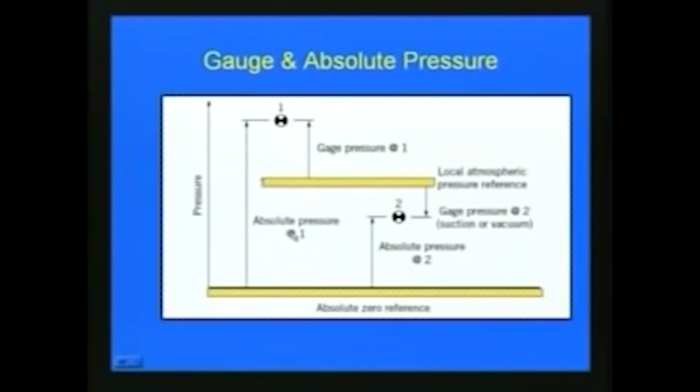But when we measure with respect to the atmospheric pressure and the gauge pressure together, that pressure is the absolute pressure. So, we can differentiate the pressure measurement according to whether we are using the gauge pressure or the absolute pressure, as shown in this slide.